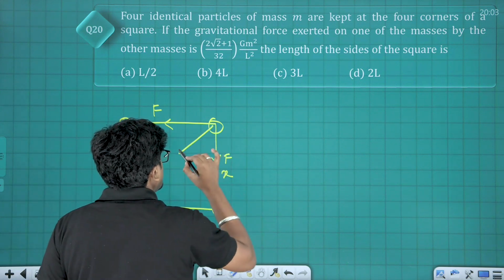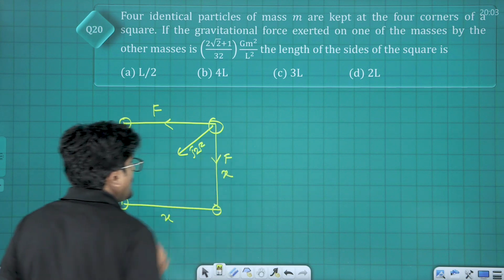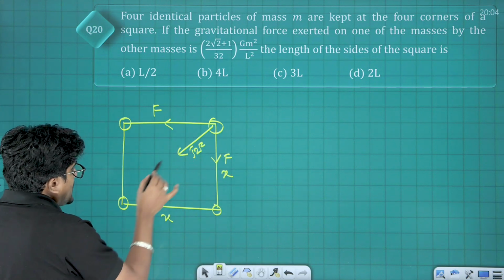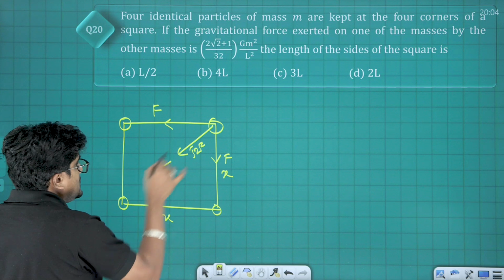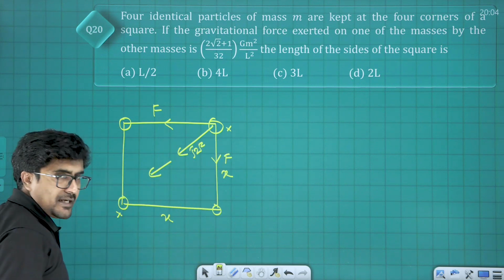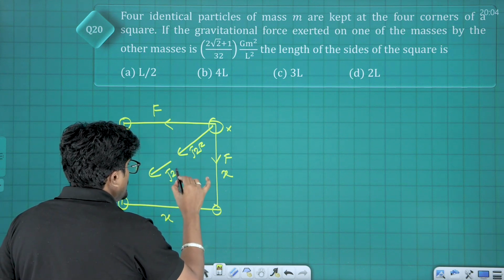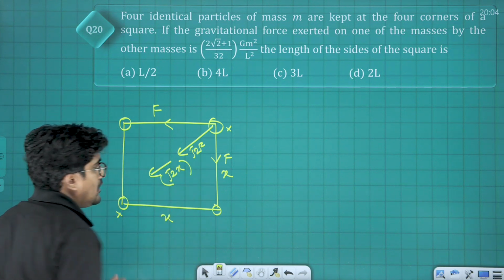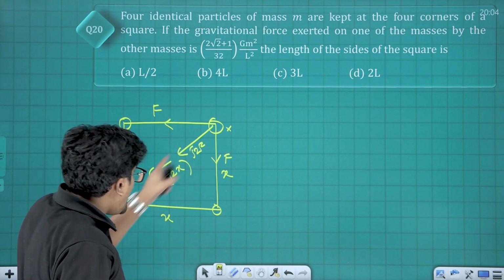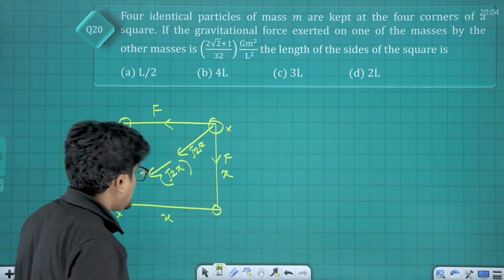So the resultant is going to be along this direction, under root 2 times F. Now the gravitational force of attraction between these two masses, that means this one and this one, is also going to be along the same direction, but here the distance of separation is under root of 2 times x. Okay, so root 2 F as well as the force between these two is going to be along the same direction.